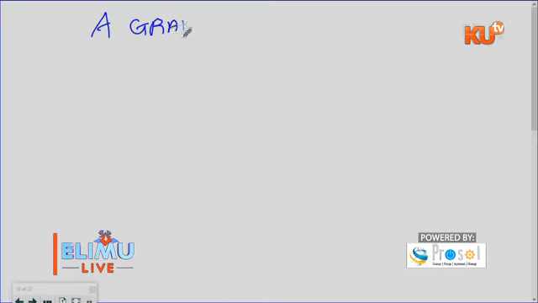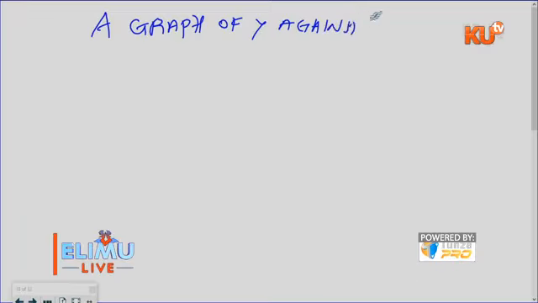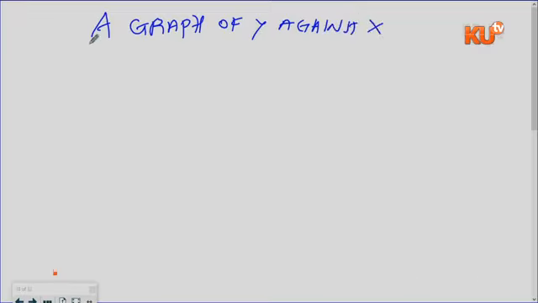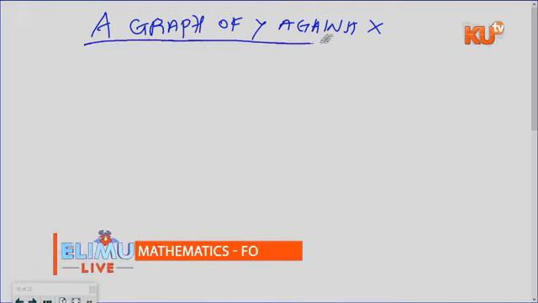So I'll be having a graph of y against x, in capital letters. Then you underline. You must use a ruler to underline. Then I hope now, learner, you have your graph paper.